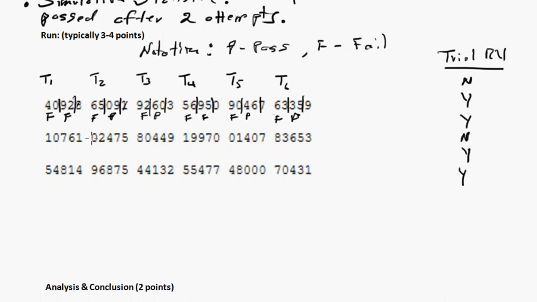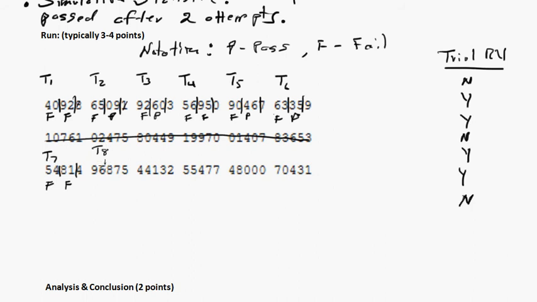So I'm just going to have some space here. I'm just going to say this is T7. So this would be fail and fail. Lousy drivers these days. Okay, so that would be no. We're at 7. Let's try 8.